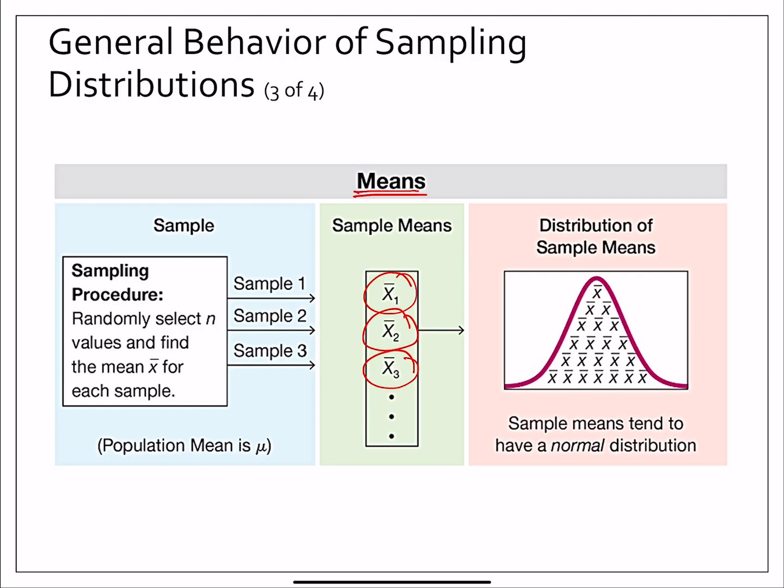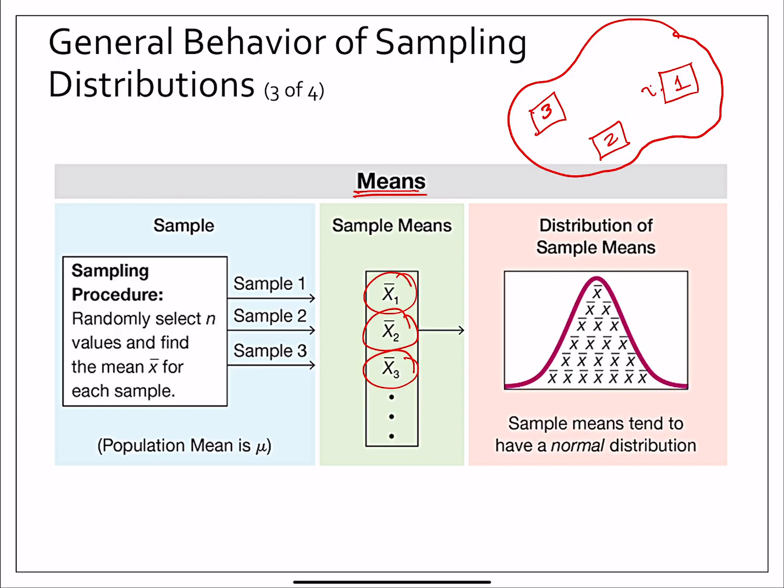Let me show you another depiction of what we mean. Let's say this blob represented our entire population. We cut this section out, and that would be our first sample. Then we do another sample, cut another section out, that's our second sample, and we cut another out, that's our third sample. Let's say we kept doing that and didn't stop.